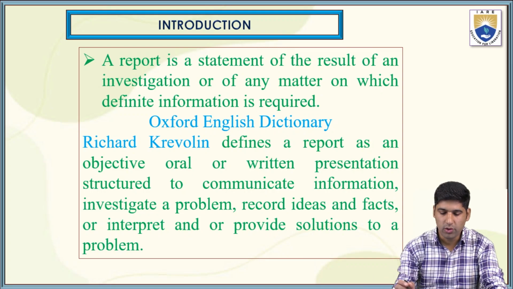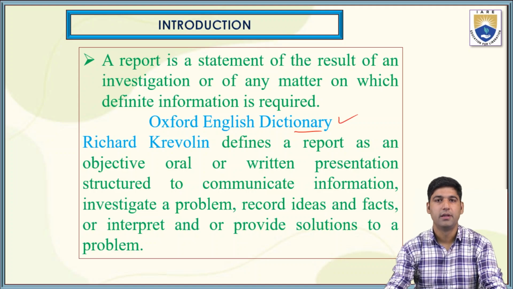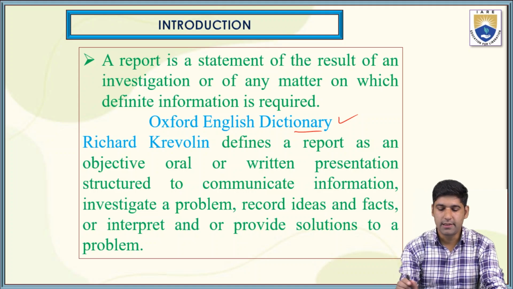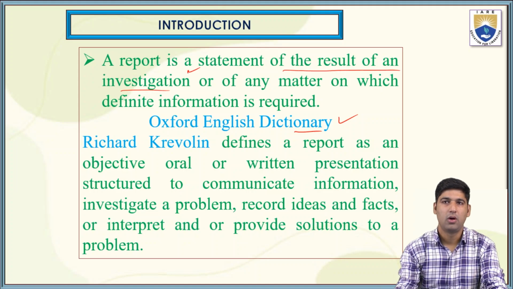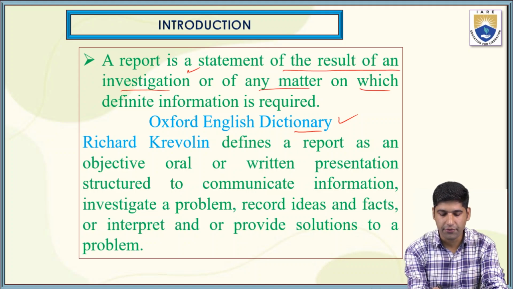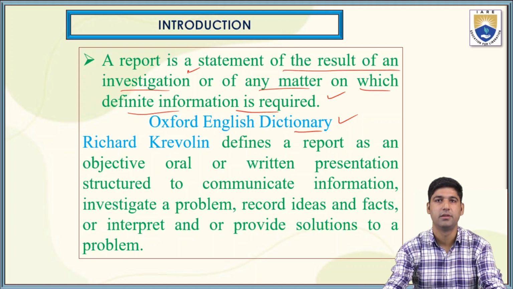I would like to go with Oxford English Dictionary. So what does Oxford English Dictionary record about report writing? It says it's a statement of the result of an investigation or of any matter on which definite information is required.